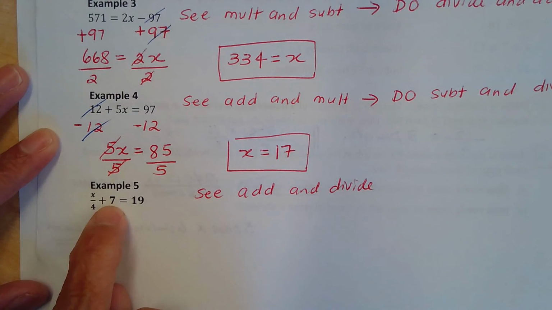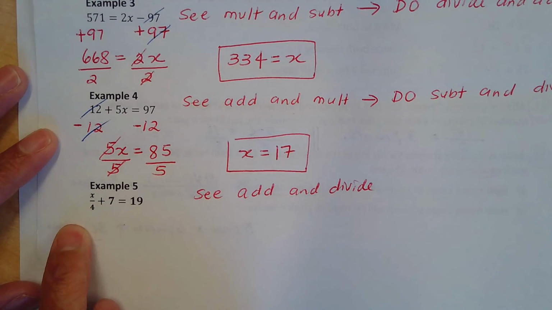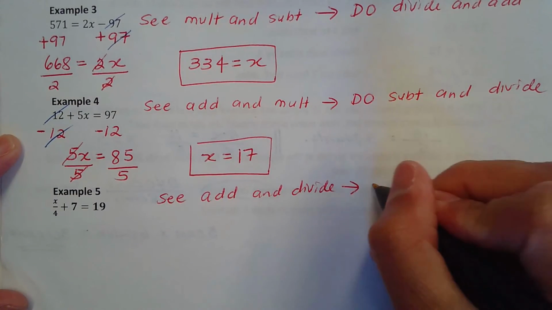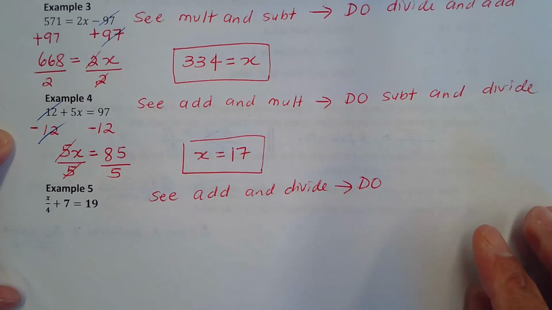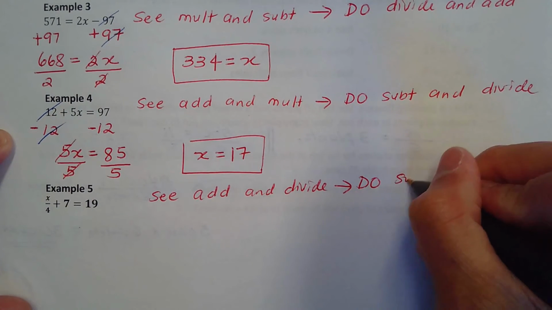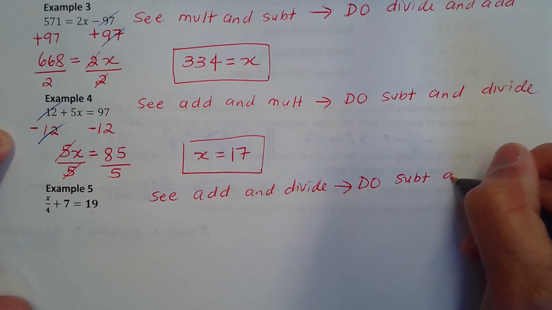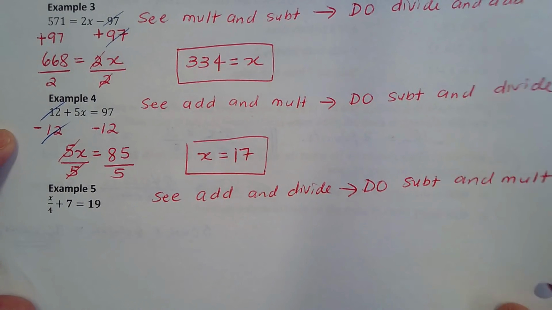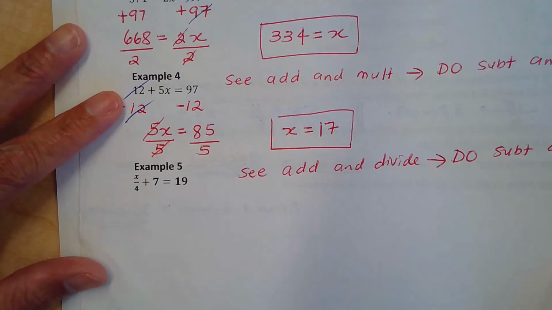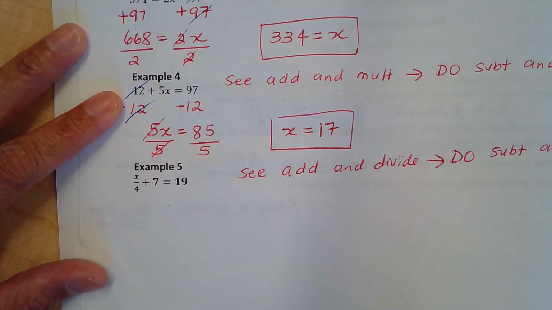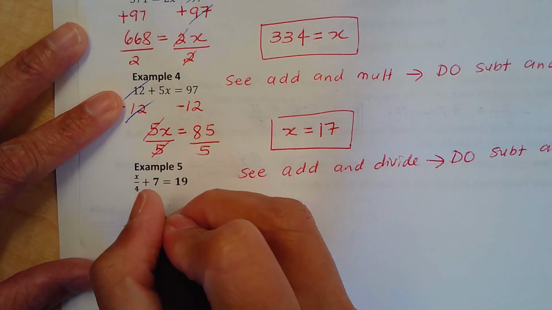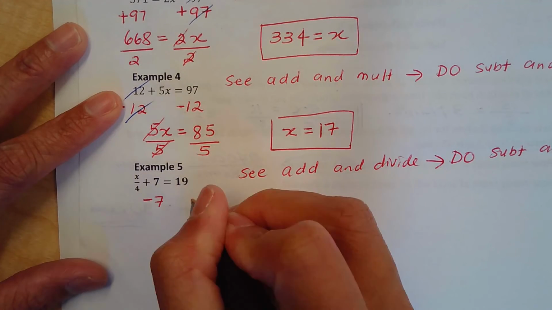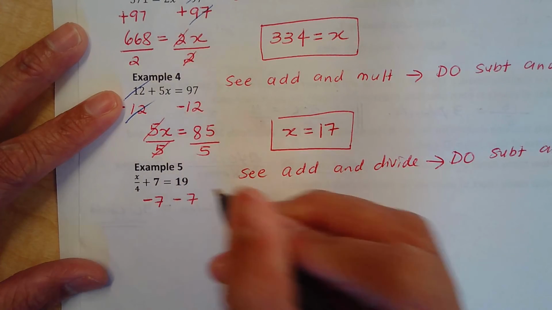We see a plus 7, and we divide by 4. So what do we do? Which is totally opposite to that. Subtract, correct? And multiply. Okay, good. So which one are we going to do first? The farthest away from the x, which is plus 7. So subtract 7.